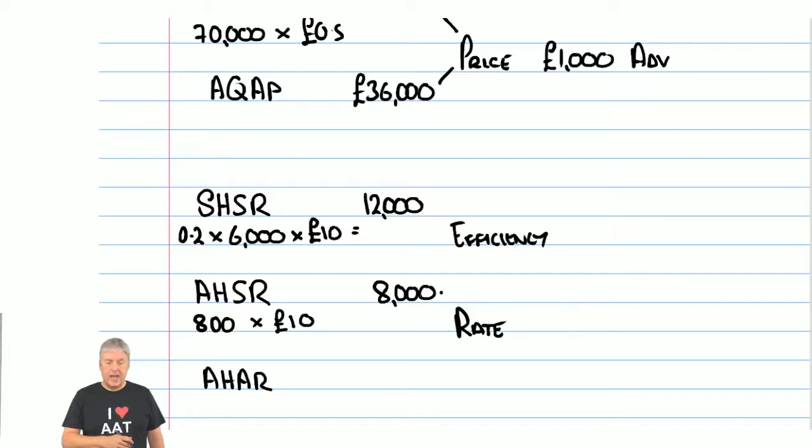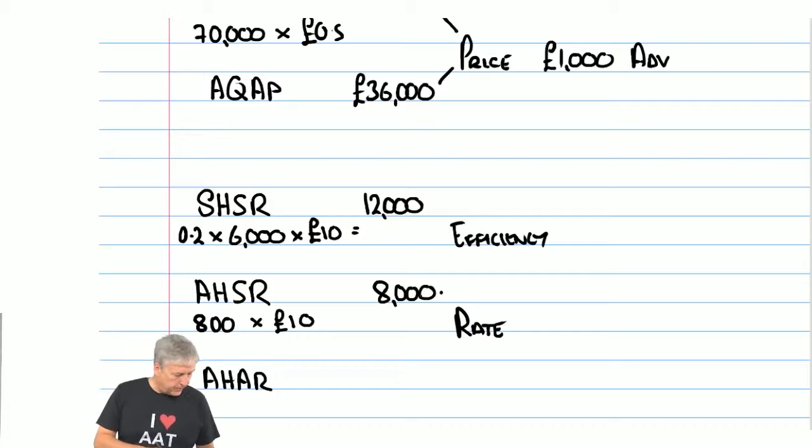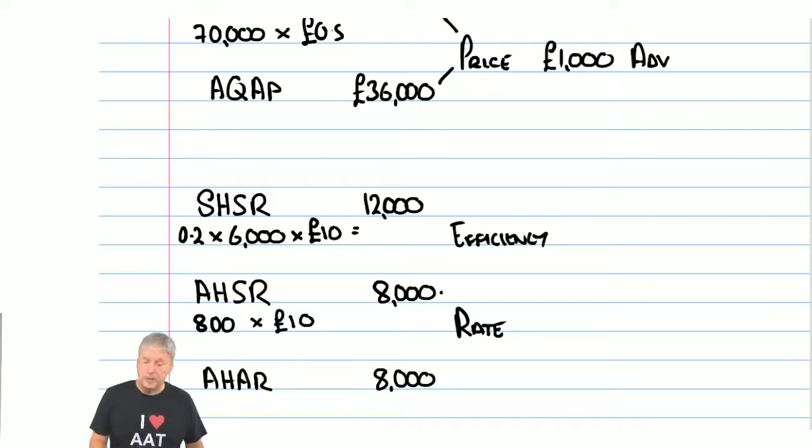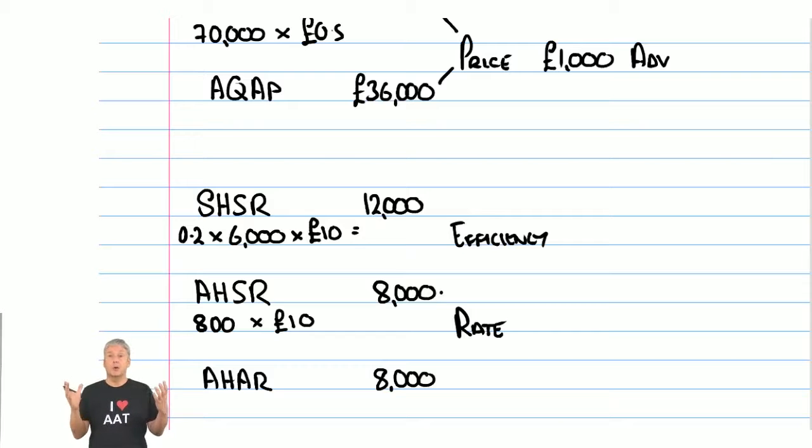And finally, the actual hours at actual rate, strangely enough, the total actual cost was also 8,000. So we've got the values, we bash them into our pro forma.